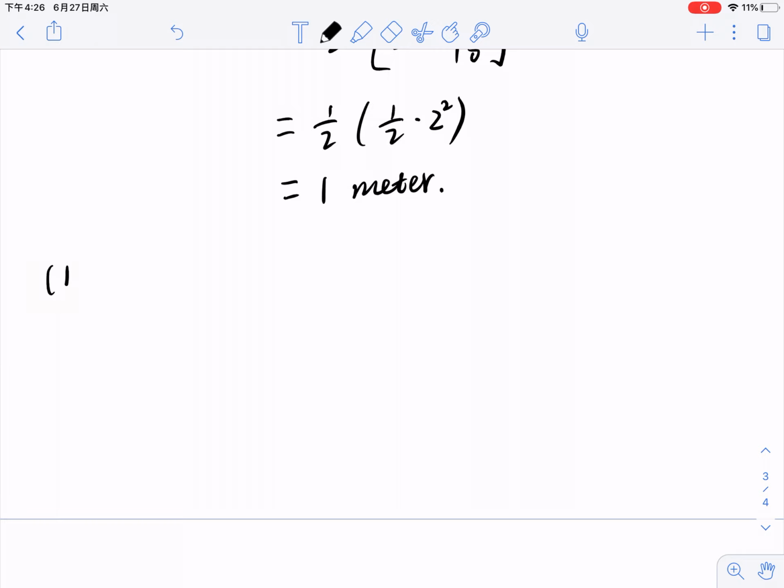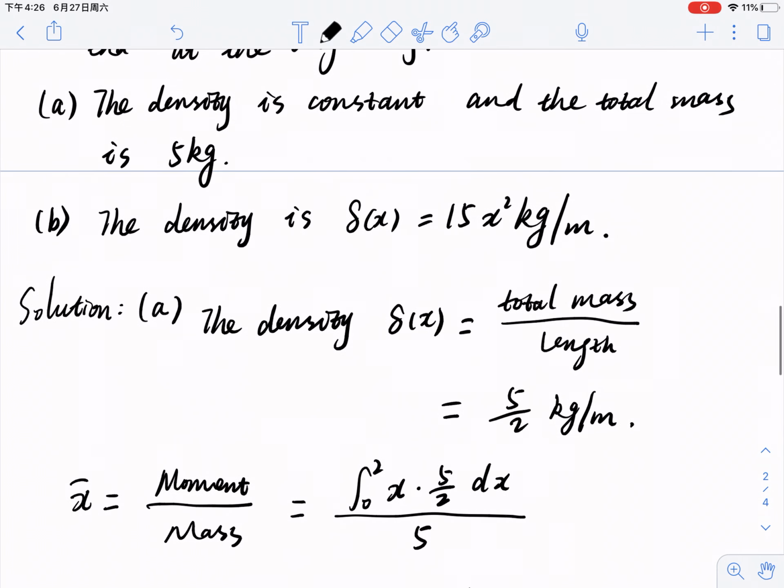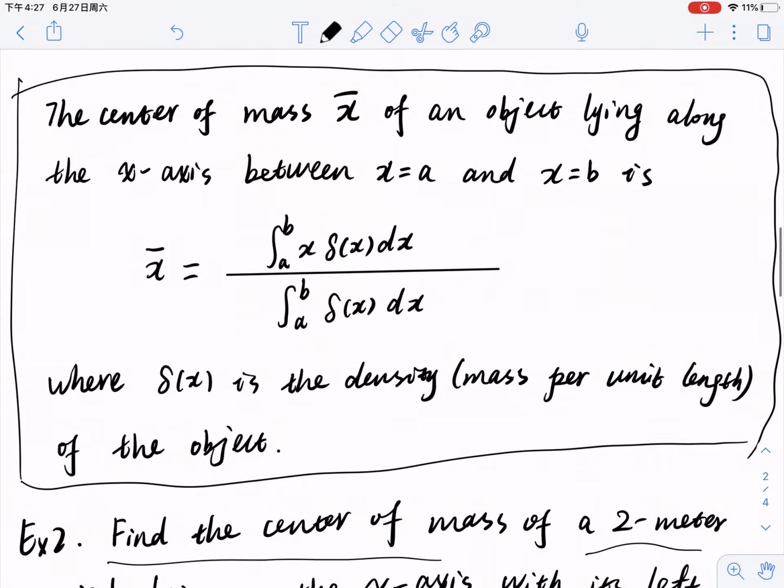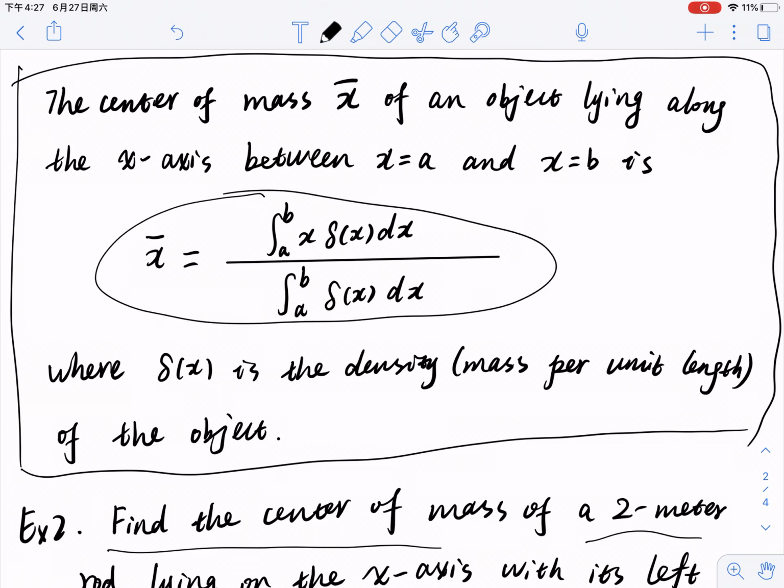Now B: the density is the function delta(x) = 15x squared kg per meter. Next we use this formula to find the center of mass. To use this formula we need this integral divided by this integral.